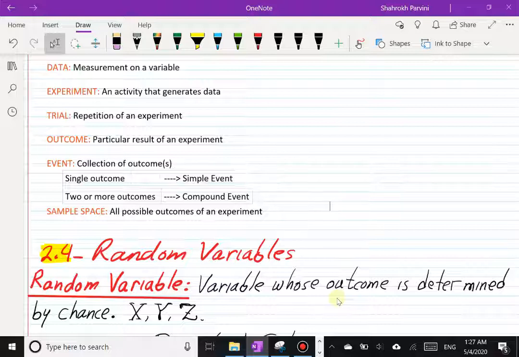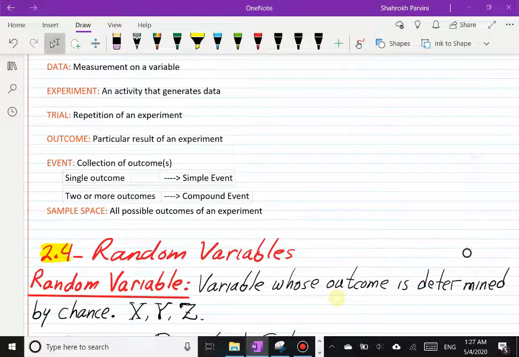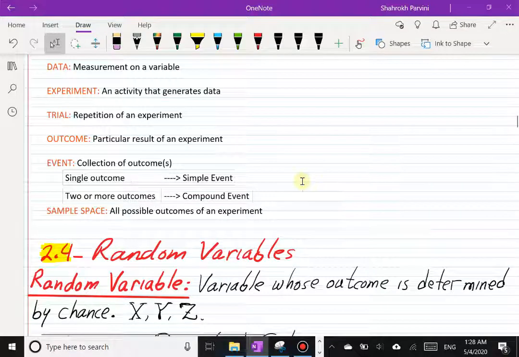So how do we label these random variables? We usually use the latter part of the alphabet, X, Y, Z, to indicate these random variables. For example, random variable X might be the amount of chicken that is consumed by a family of size 4 per year, if they are not vegetarian or vegan.